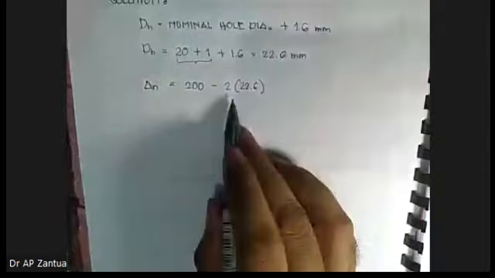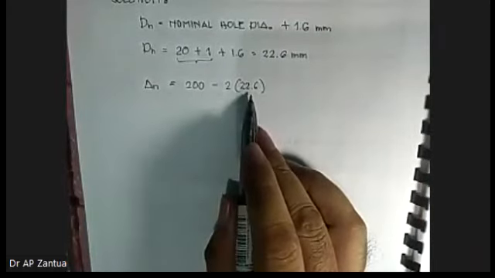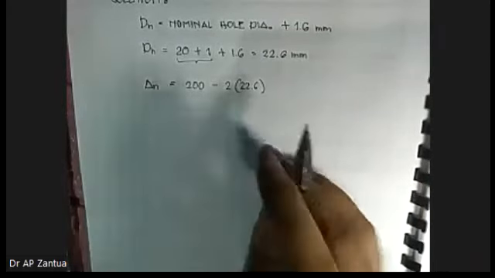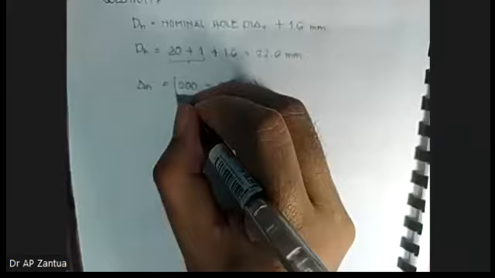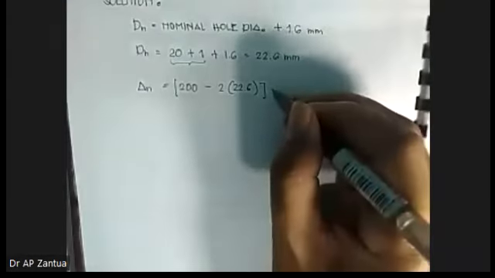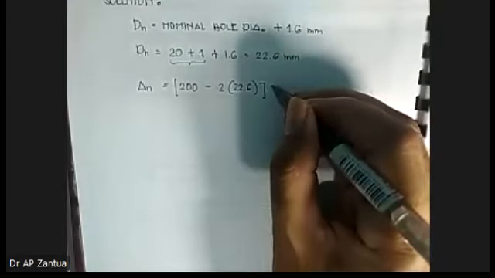That is 45.2. 45.2 is subtracted from 200. Then multiply by thickness. The thickness is 10. This is the time we need to multiply by thickness.